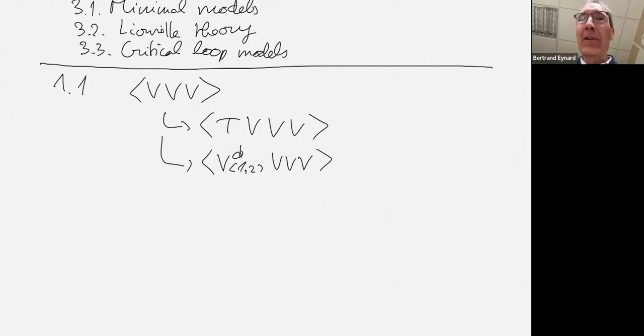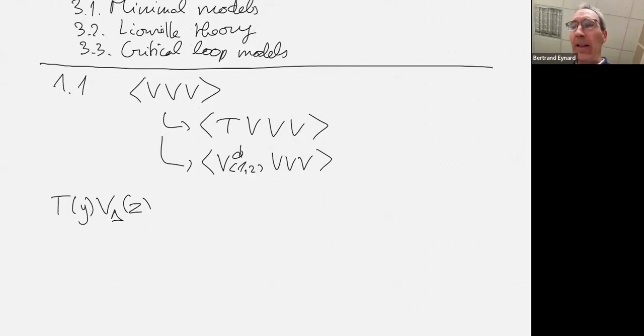So let me write this operator product expansion in the case of some primary field, V_delta(z), a primary field of conformal dimension delta. The indices 1, 2, which appear in V^D_{1,2}, are Kac indices, which I will define later, because you have an infinite family of degenerate fields. So back to the TV OPE.